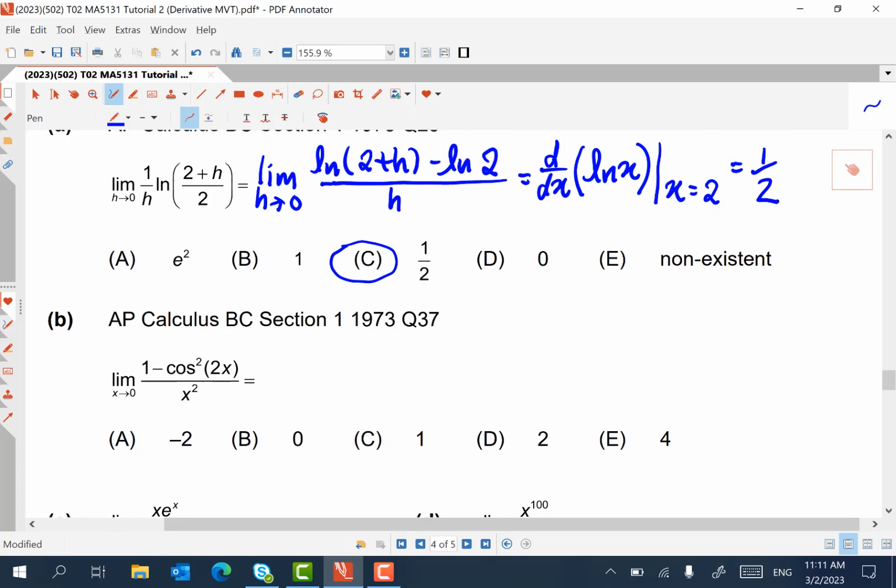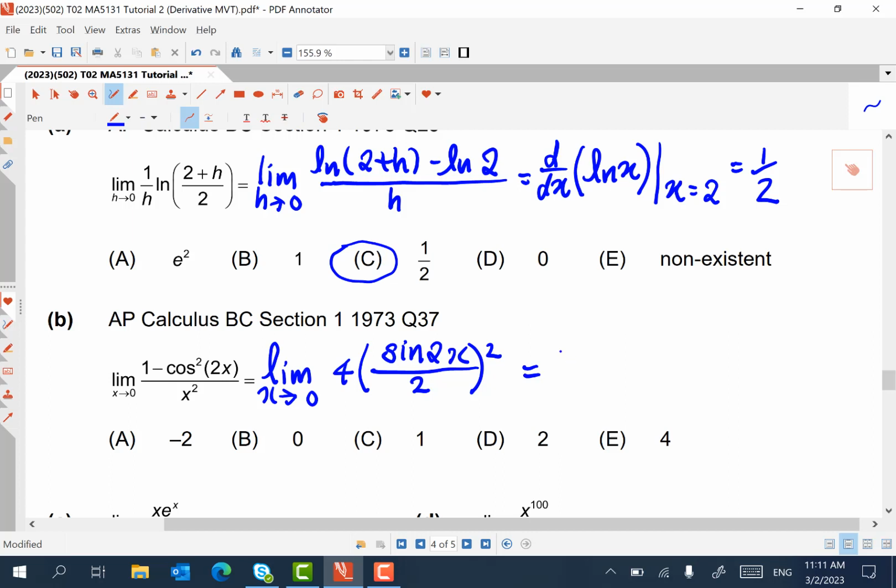The gradient is positive. For the next question, you want to rewrite this thing as follows. I have jumped a little bit in my arithmetic.